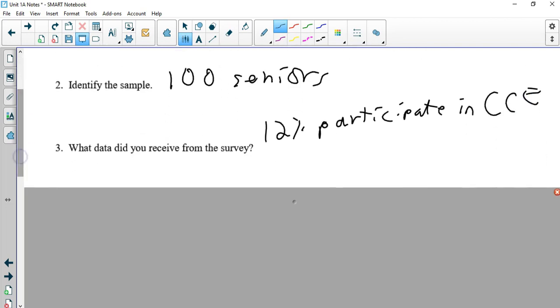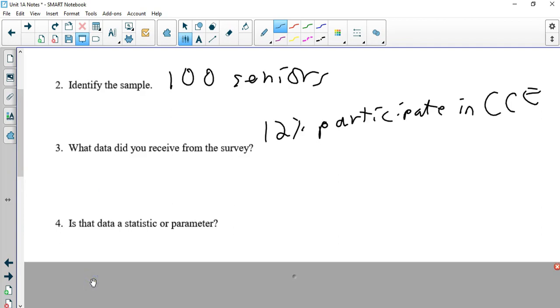Now, last question. Is that data a statistic or a parameter? Well, is it based on every senior responding, the population, or the 100 that answered? Since it's the 100 that answered, it's a sample, so it's a statistic. S and S.